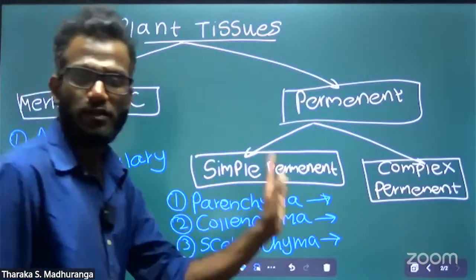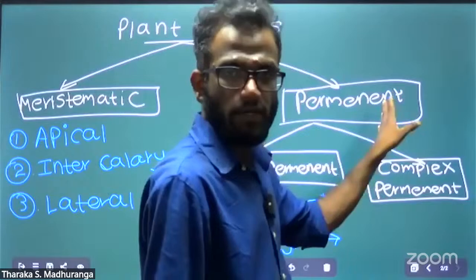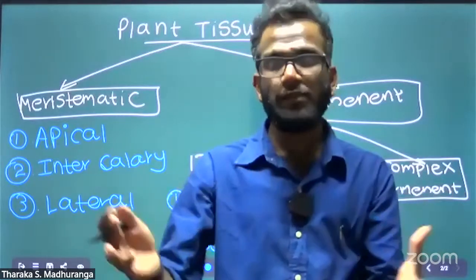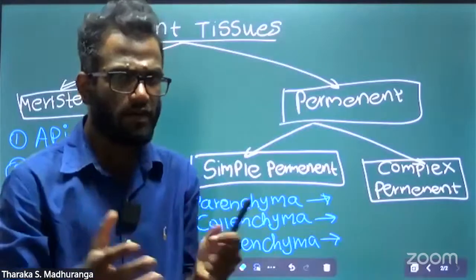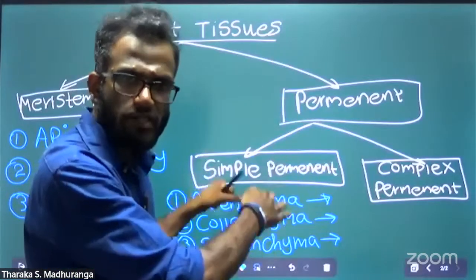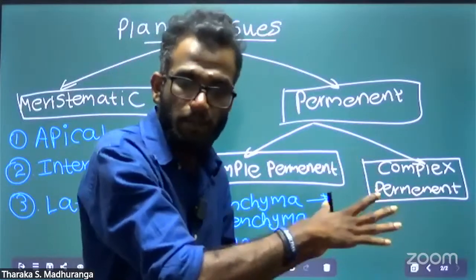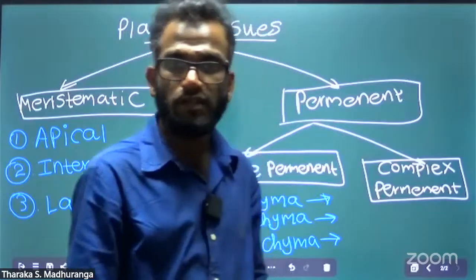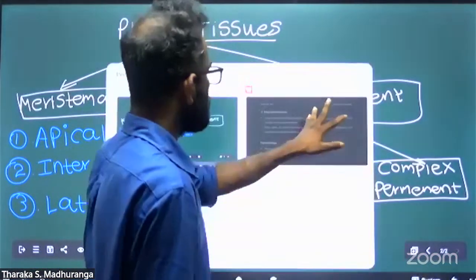That's the difference. A complex permanent tissue is made with different types of cells. In simple permanent, the structure is simple, only one cell type. The complex permanent means the structure is complex, more than one cell type, made with different types of cells.